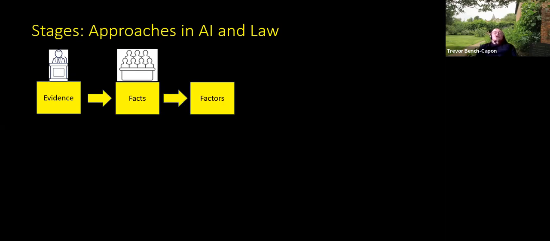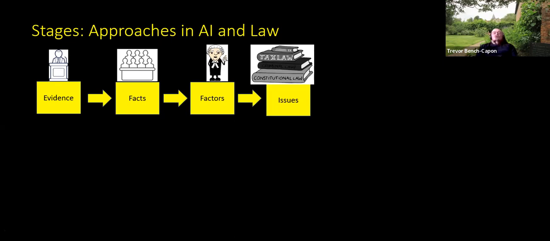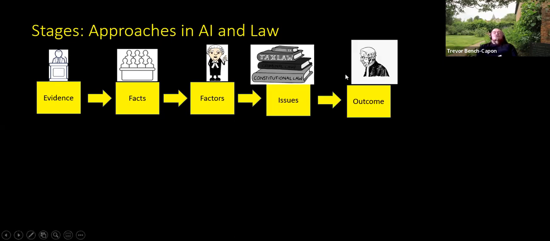On the basis of this, the advocates for the two sides identify factors. The factors resolve the issues which are taken from the law, and finally, the judge decides the outcome. And all these things have been looked at in AI and law.